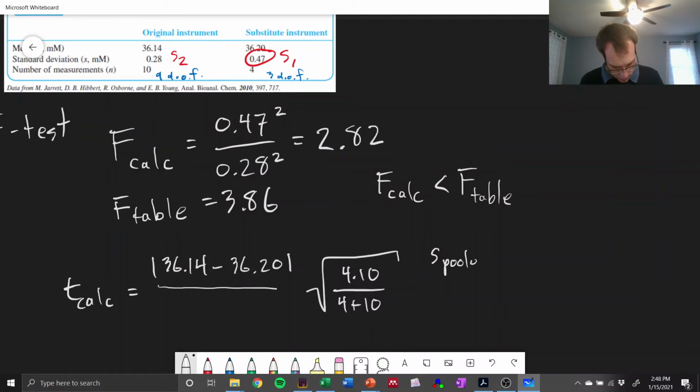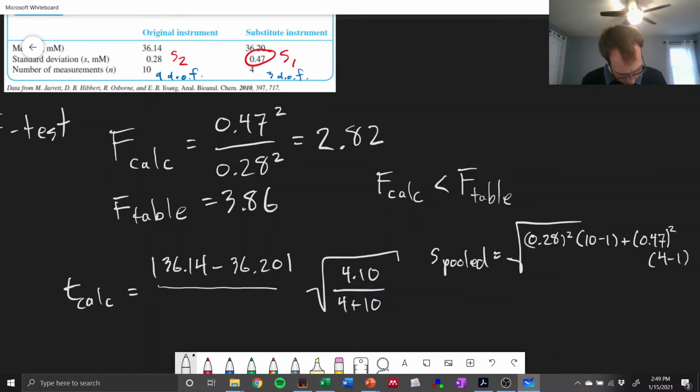S pooled is equal to the square root of 0.28 squared times 10 minus 1, plus 0.47 squared times 4 minus 1. I've run out a little bit of room on the right hand side, divided by 10 plus 4 minus 2.